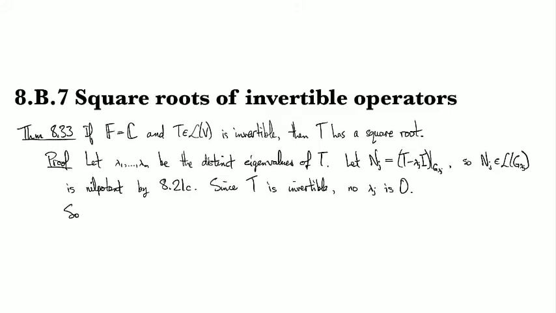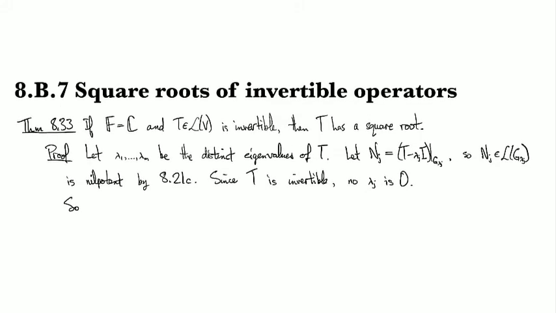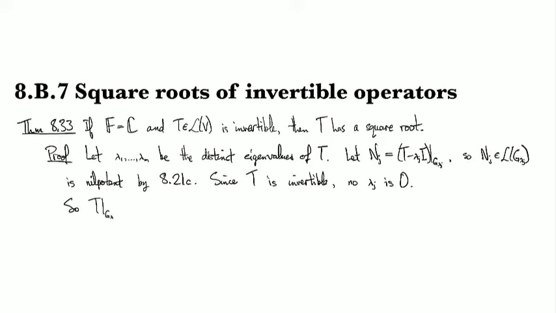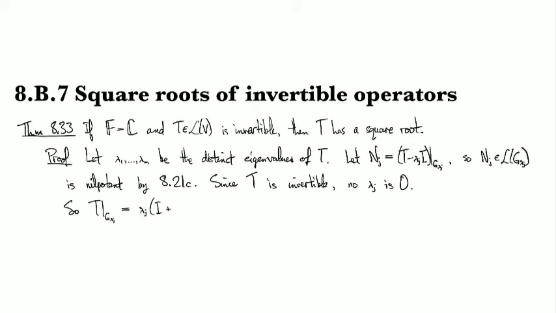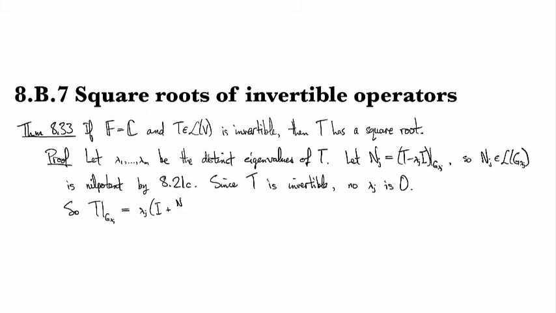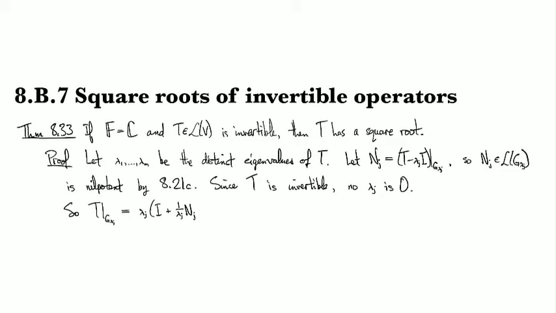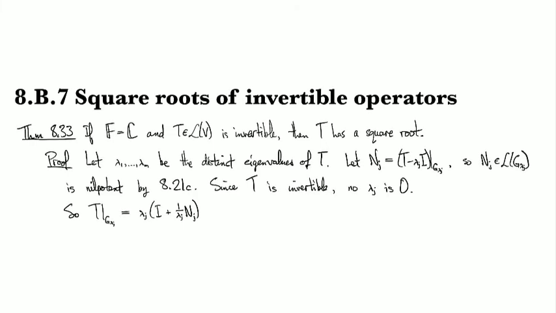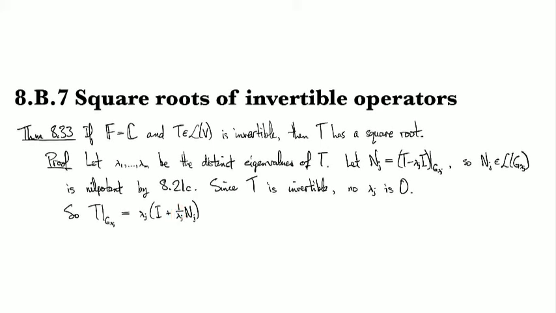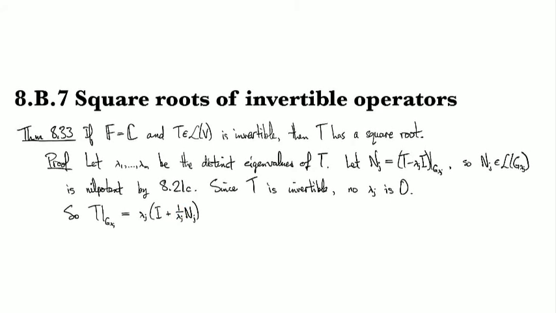So this means that we can rewrite T restricted to a generalized eigenspace as being lambda_j times I plus, let's say, 1 over lambda_j times N_j. So in other words, I just need to point out that lambda_j wasn't 0 so that I could write this. Can't have 1 over 0. All right.